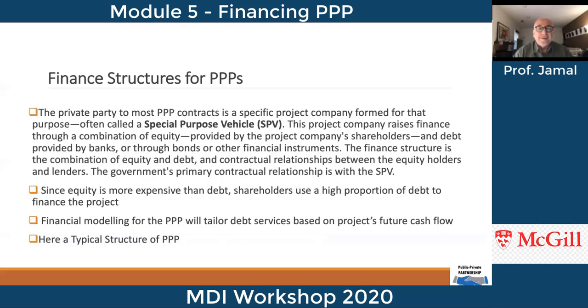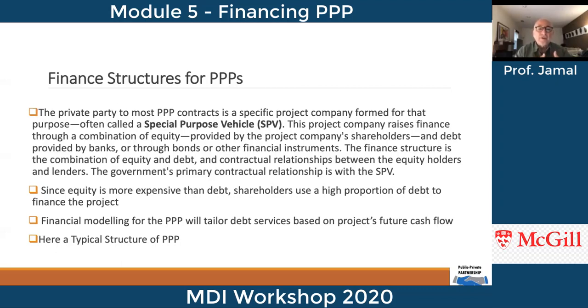We talk about the creation of a special purpose vehicle, which will become the project company that will raise finance through a combination of equity provided by the project company shareholders and debt provided by banks or through bonds or other financial instruments. So the special purpose company will have to raise money. And that's why the first thing the private party to your contract will do is create this SPV.